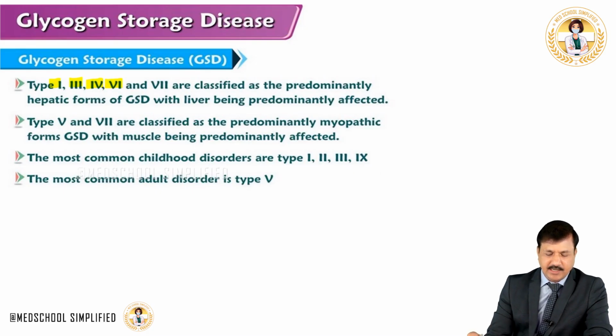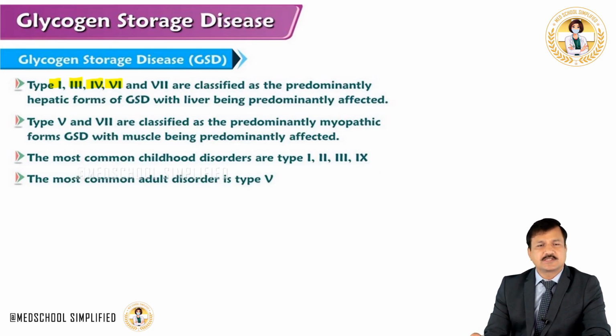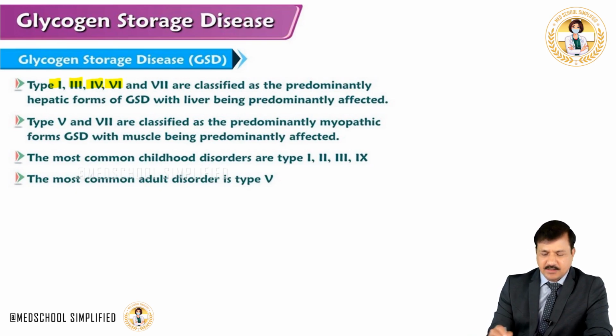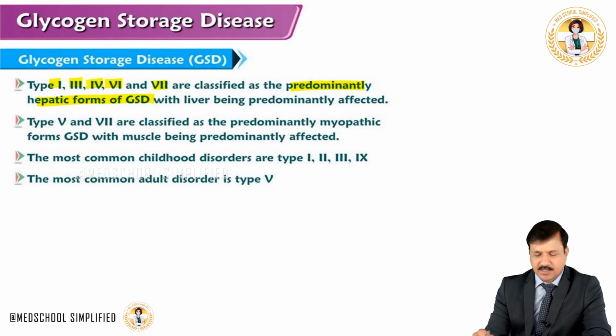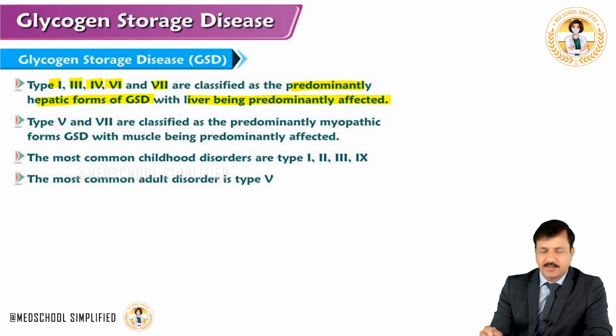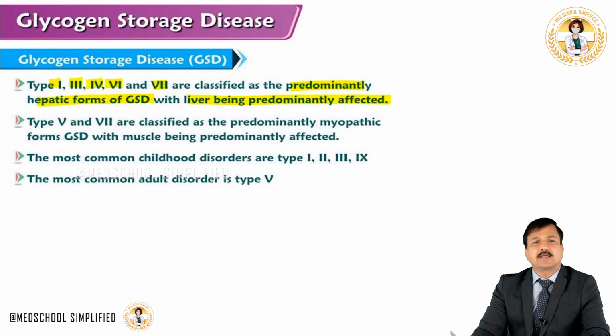So type 1, 3, 4, 6 and 7, these glycogen storage disorders are classified predominantly as the hepatic form of glycogen storage disease because liver is the predominant organ that is affected. So, hepatic form of glycogen storage disorders.